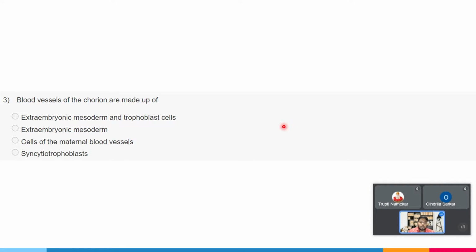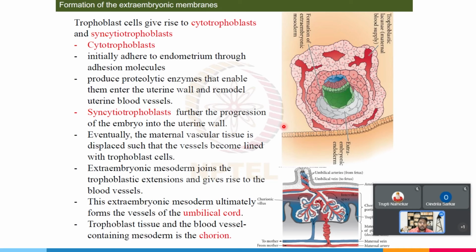Okay. So let us look at the solution slide and try to look into the problem. Now we have shifted from gastrulation and are talking about development of the placenta itself, that is the connection between the embryo or the fetus and the mother. This is done via the trophoblast cells. The trophoblast cells give rise to two lineages: the cytotrophoblasts and syncytiotrophoblasts.